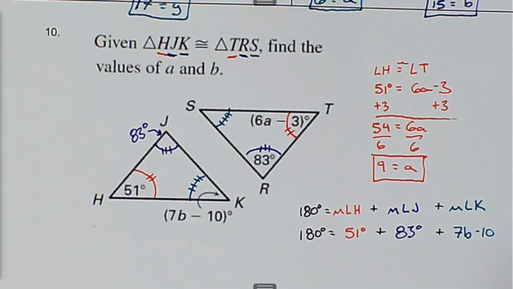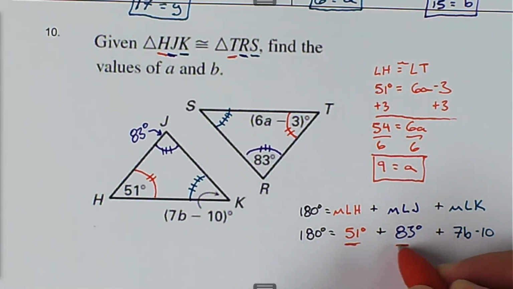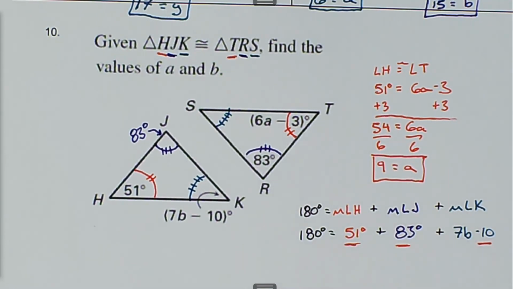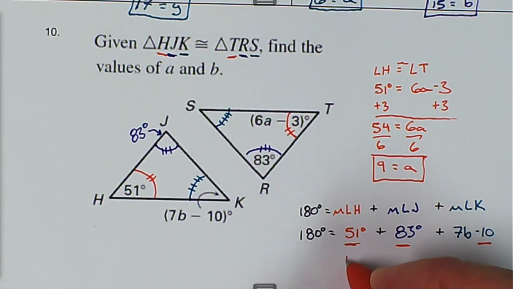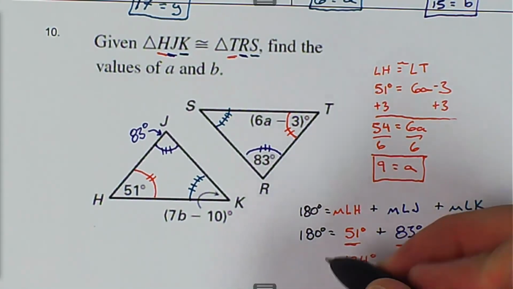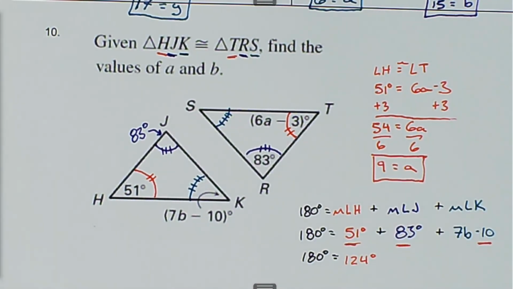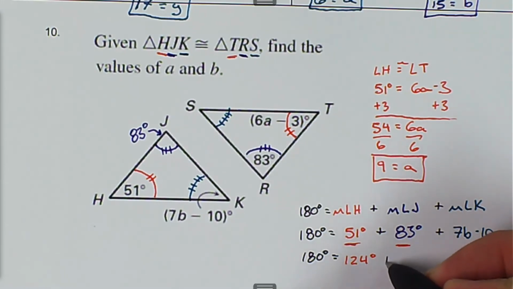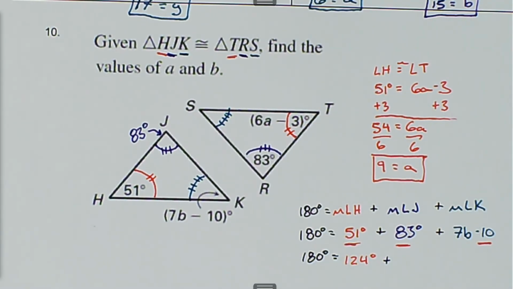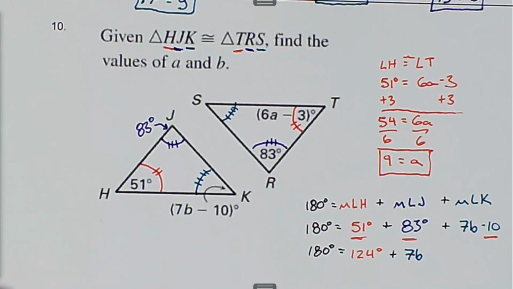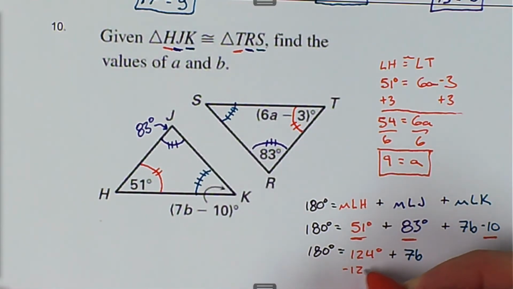Next, we can combine like terms. So 51 plus 83 minus 10, and that is going to give us 124. We still have the 180 over here, and then we still have the plus 7b. Next, we want to subtract 124 from both sides.